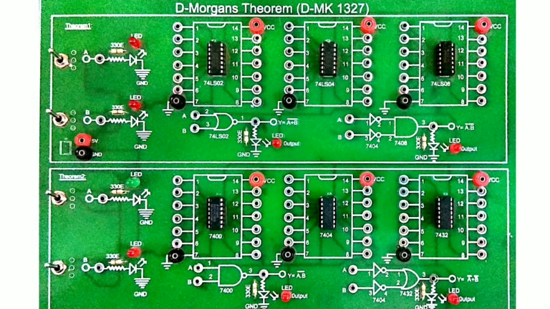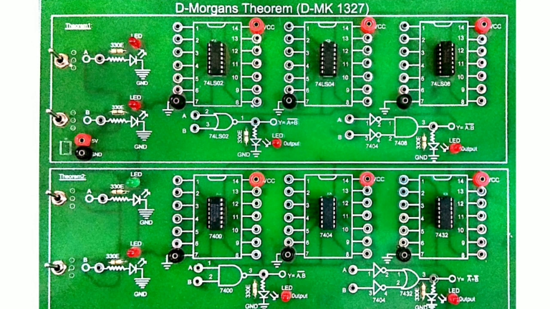To verify the second theorem, it is to be done along the same lines. Here pins 1 and 2 are direct inputs and pin 3 is the output for the first IC. Whereas for the right hand side, pins 1 and 3 of the second IC are connected to the inputs, and pins 2 and 4 of the second IC are connected to pins 1 and 2 of the third IC, and pin 3 is the direct output that is connected below the third IC.